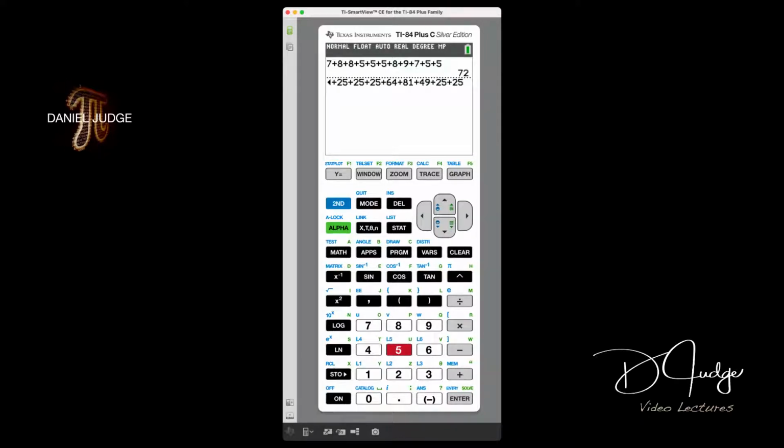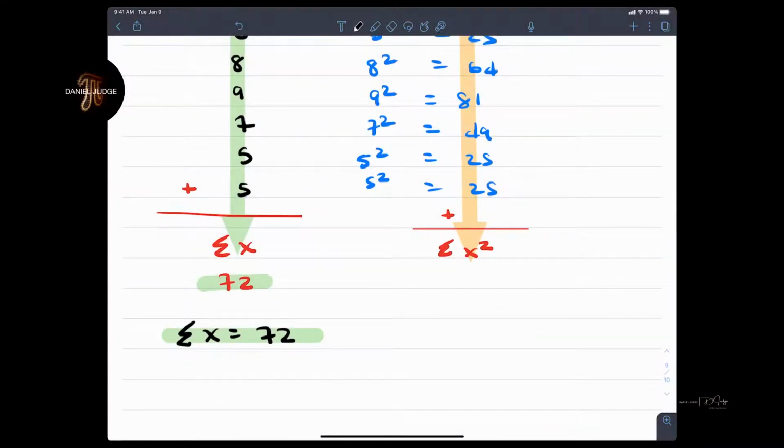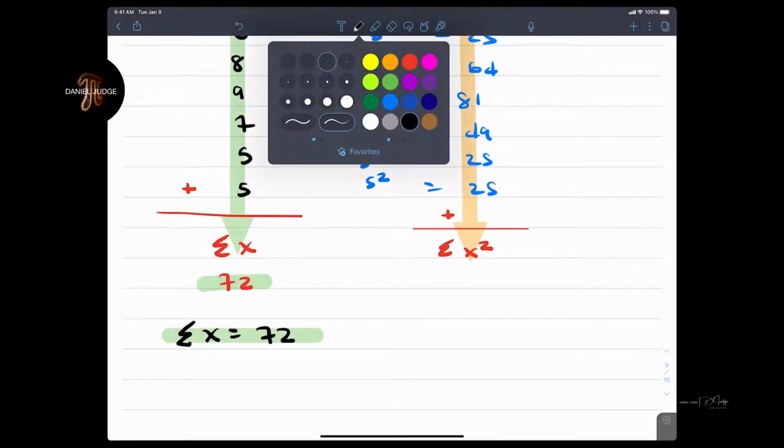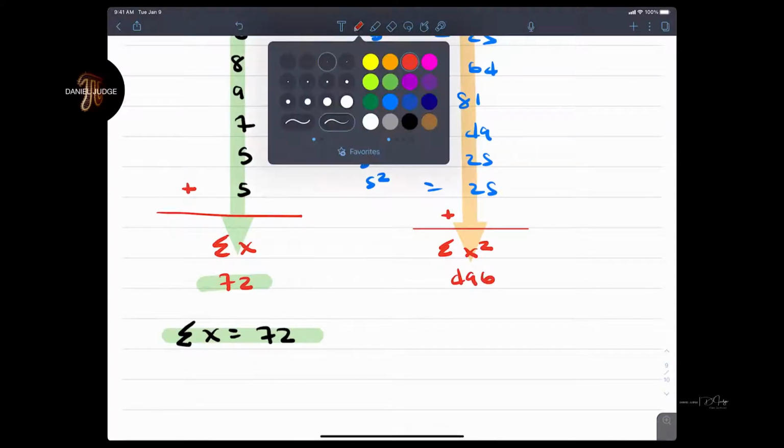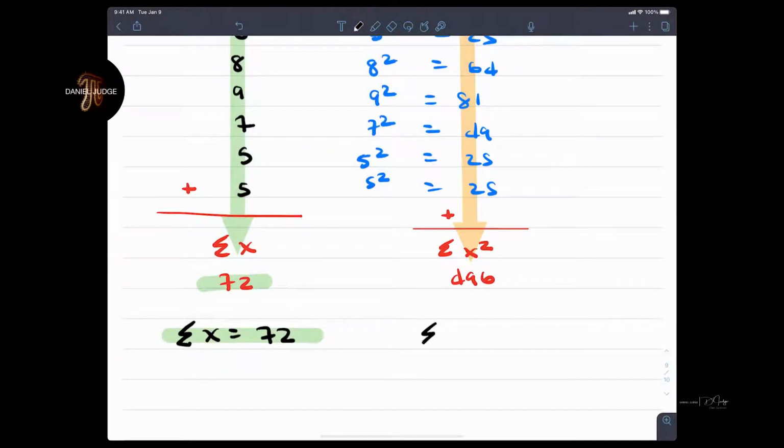And ladies and gentlemen, the sum is supposed to be 496. So here's going to be 496. Now we're going to double check this, by the way. So I'm going to say, okay, 496. So we got this value. Sum of the x squared values equals 496.